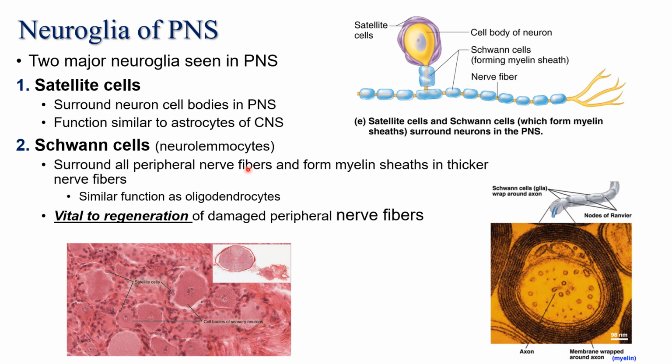Not all of them, because we do have some unmyelinated fibers, like, for instance, the C fiber for pain and stuff. Anyway, they function like oligodendrocytes, but they're also super important for helping damaged axons. If you have a concussion, or a serious appendage injury, oftentimes there's a little bit of neural damage there.